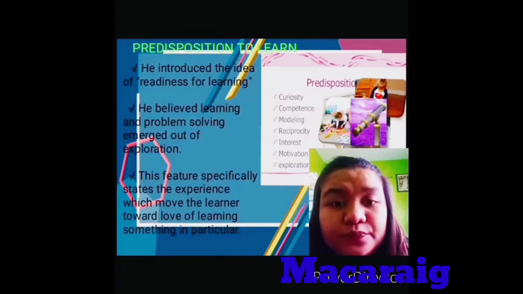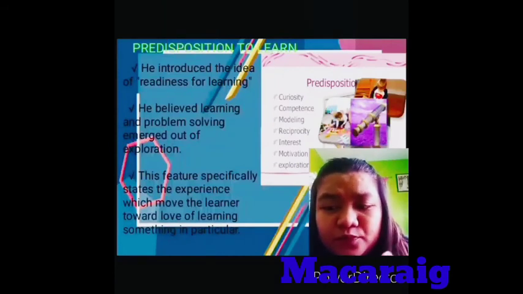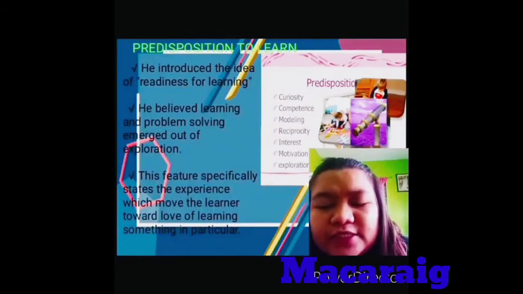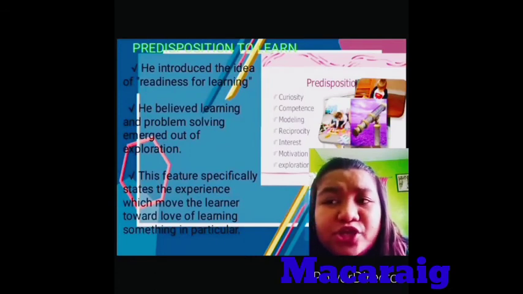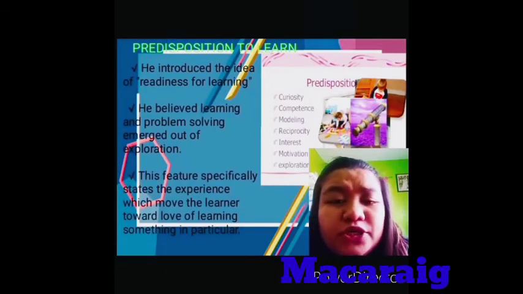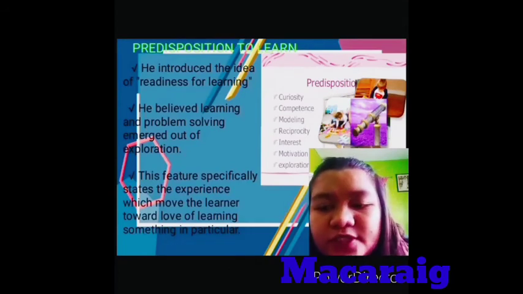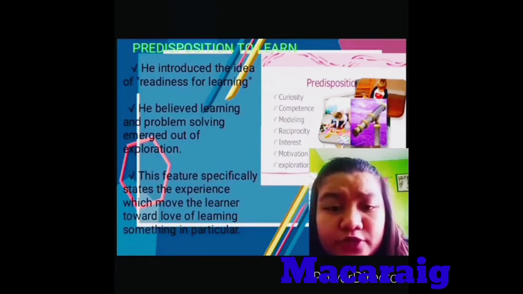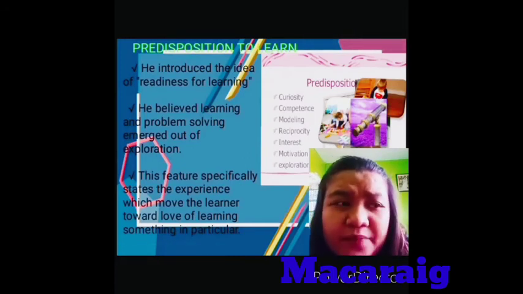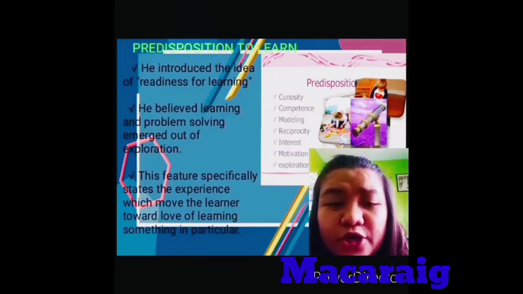Predisposition to learn is called personalized because the instruction should relate to the learner's predisposition and facilitate interest toward learning. Examples are curiosity, a strong desire to know and learn something. Second are competence, modeling, reciprocity, interest, motivation, and exploration. For me, students need to explore more the things they need to know, because predisposition to learn is very important in ourselves.